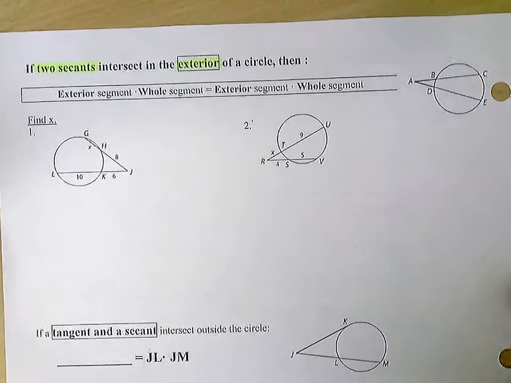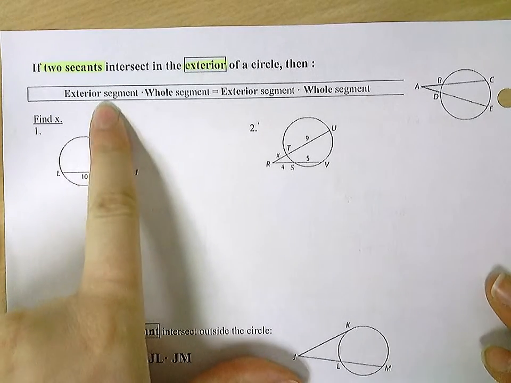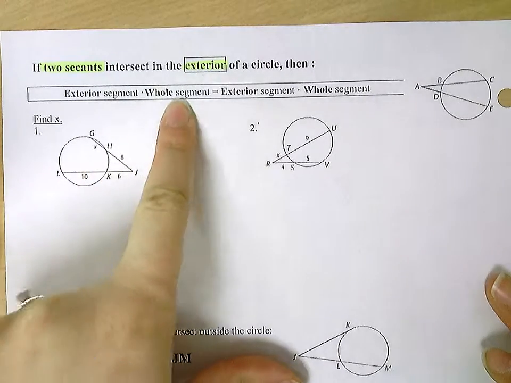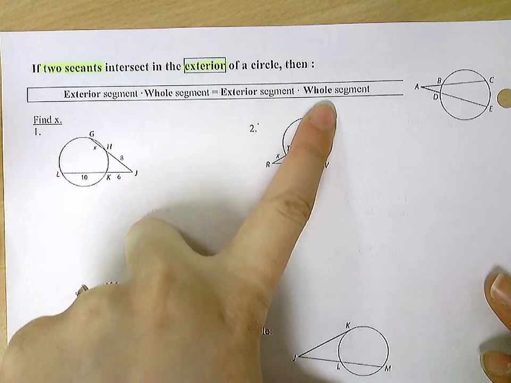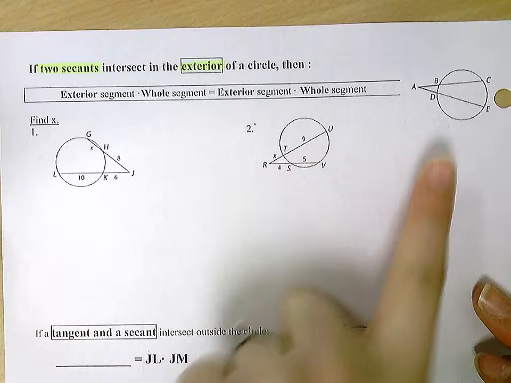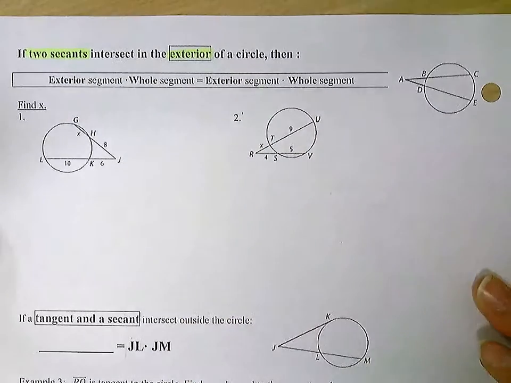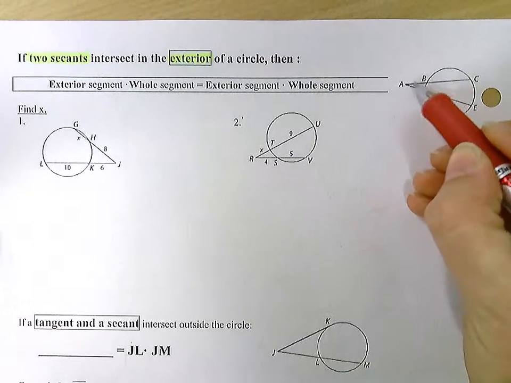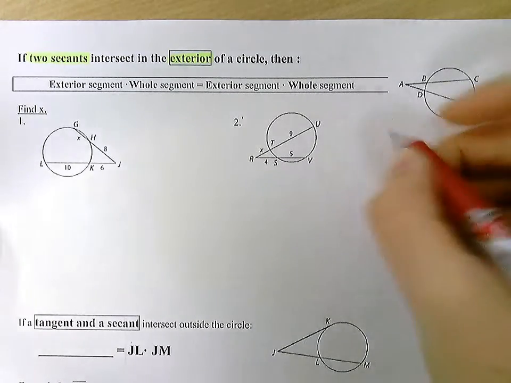That formula, okay, is going to be the exterior segment times the whole segment is equal to the other exterior segment times that whole segment. Okay, so if I look at the picture on the right here, that would be my exterior segment from my first secant is AB.